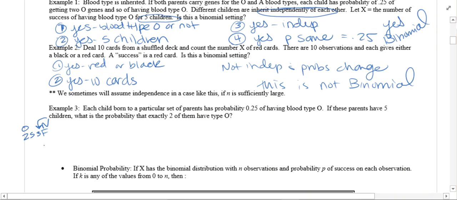So if we think back to when we were tossing coins and looking at heads and tails and writing all those out, we have a success, and then not O. But it doesn't have to happen in that order. Does it have to be the first 2 kids? No, it can be in any order.